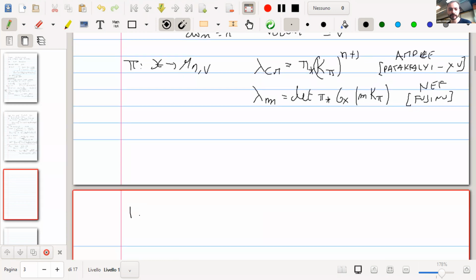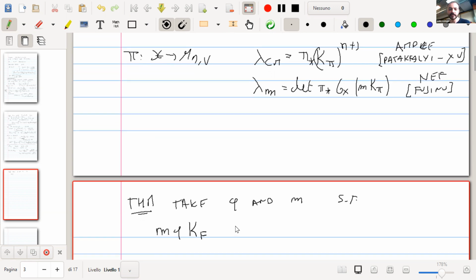So the theorem we have now is the following. Take q and m integers as before, such that m q K_F is Cartier for every F in the moduli space.